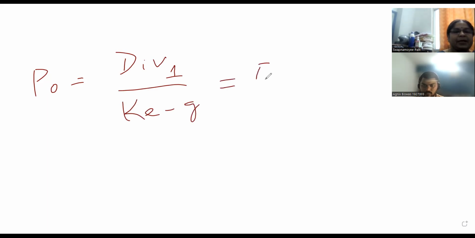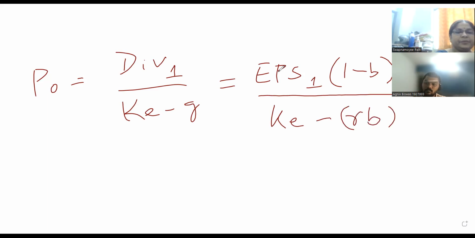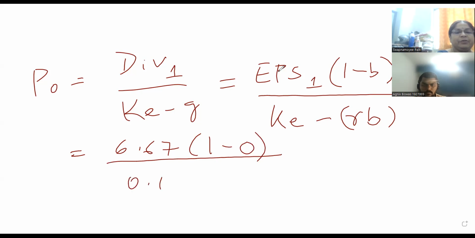This is the same as your earning per share in year 1 and the distribution ratio, which is 1 minus the retention ratio. The growth rate is R into B. In this case, your earning per share is 6.67. Retention ratio is 1 minus 0, nothing to be retained. Opportunity cost is 12% minus your growth rate, which is 0 because the company will not see any growth there.